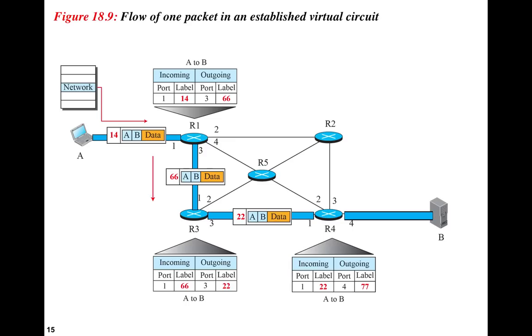The packet with label 22 once again arrives at R4. R4 knows that the destination exists on port 4. However, the packet has come on port 1 with label 22, so it should now be sent to port 4 with the label 77.